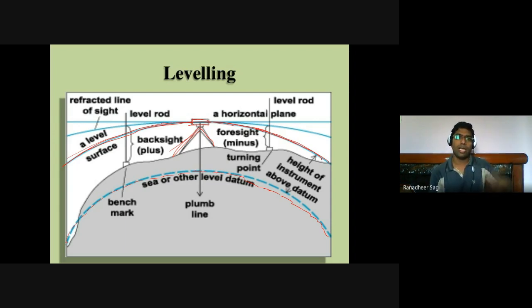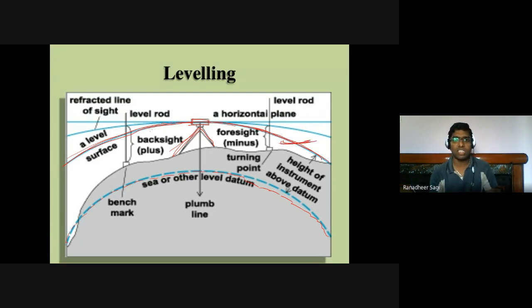Earlier, when we discussed what is meant by a level surface, we said that it's a surface which is parallel to your reference. So that surface I can call your level surface.